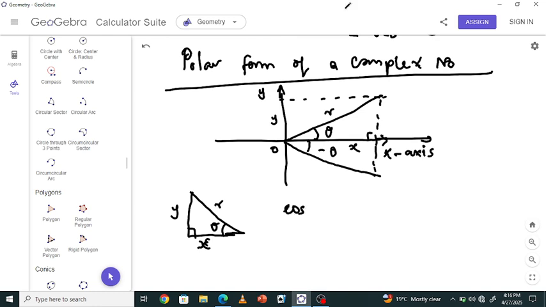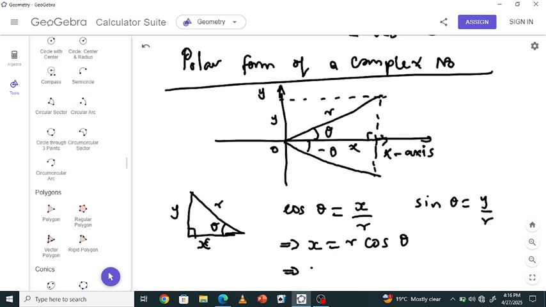We have cos theta is adjacent over hypotenuse. If we want to make x the subject, then x will be equal to r cos theta. Our sin theta will be y over r. That means if we make y the subject, we will have r sin theta.